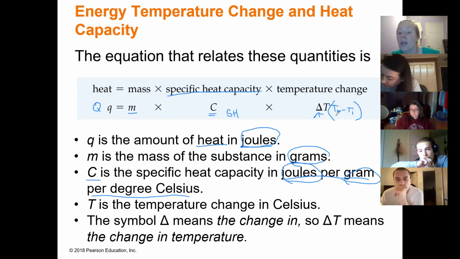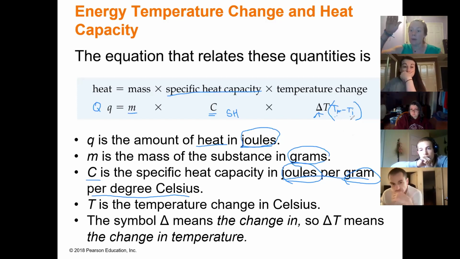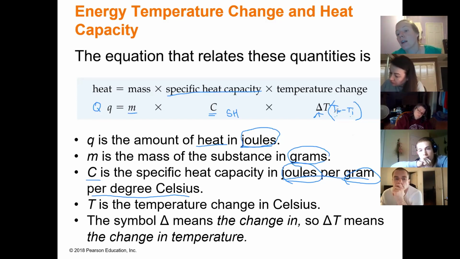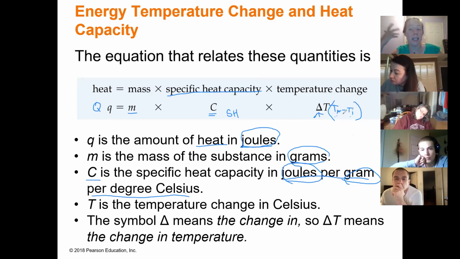Other things to note: final temperature minus initial temperature. So that means if your final temperature is bigger than your initial temperature, right? The thing went up in temperature, it got hotter. This will be a positive value. It means your Q is positive. It means that it's absorbed heat, right? It's gotten warmer. If your final temperature is lower than your initial temperature, so the thing got colder, that means it's released heat.